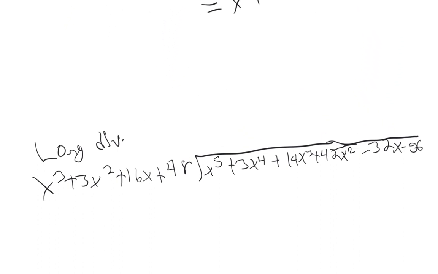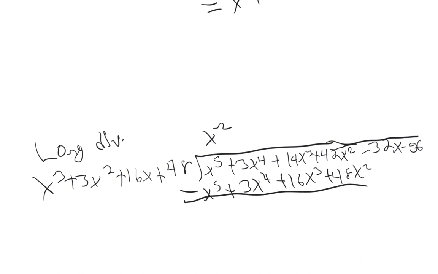Okay, great. So we want x cubed and x to the 5th to cancel, so we're going to write x squared, and we get x to the 5th plus 3x to the 4th plus 16x cubed plus 48x squared. And you can already see this is simplifying really quickly. These cancel, these cancel. This is negative 2x cubed minus 6x squared.